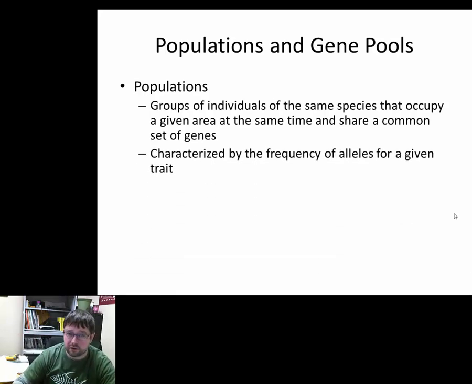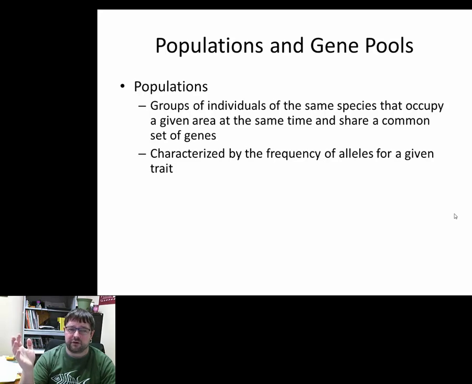So often when we talk about population genetics, we're going to talk about it from the frequency of alleles for a given characteristic. If there's a phenotype that you can easily observe, like coat color, flower color, whatever it might be. If we're talking about animals, maybe it's the coat, the color of their fins, their feathers, the size of their antlers.